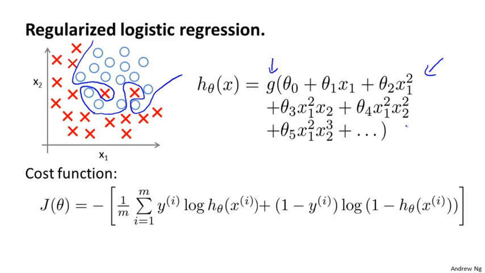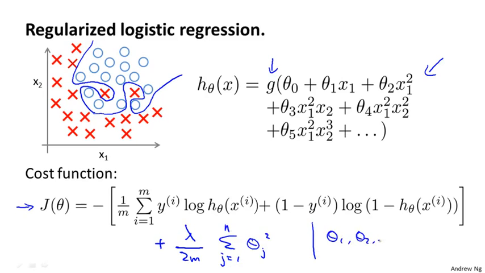This was our cost function for logistic regression, and if we want to modify it to use regularization, all we need to do is add the following term: plus lambda over 2m, sum from j equals 1, rather than from j equals 0, of theta j squared. This has the effect of penalizing the parameters theta 1, theta 2, and so on up to theta n from being too large.